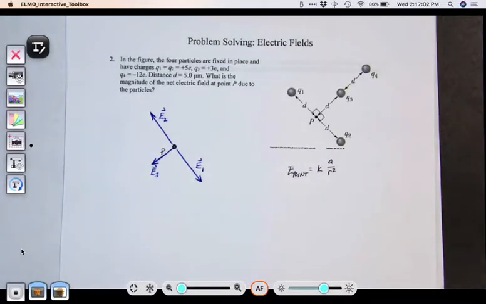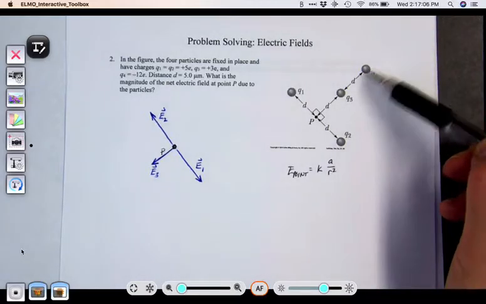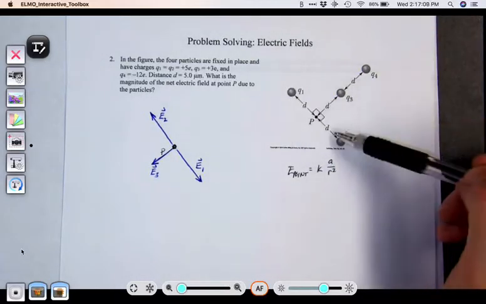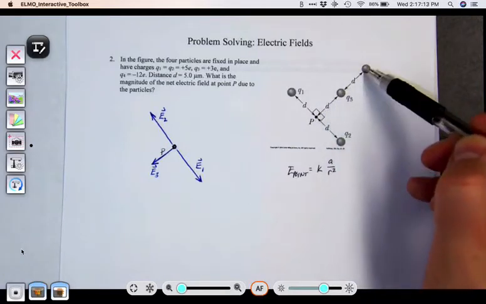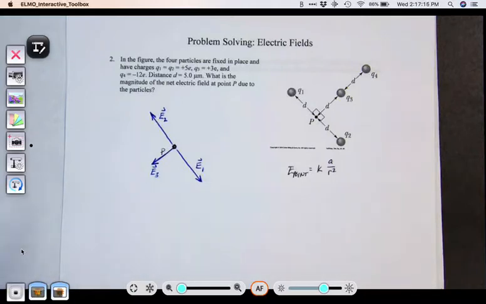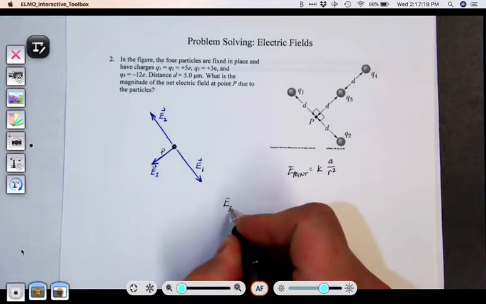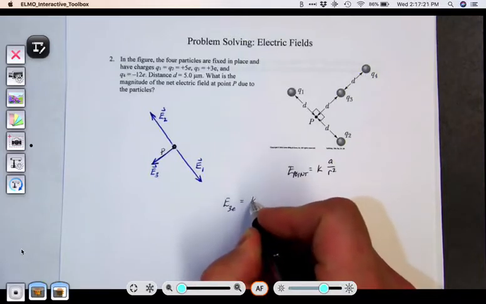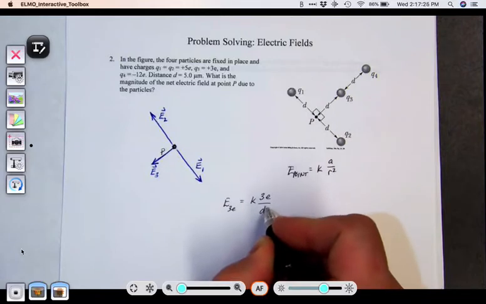All right, and finally, we've got a minus 12e up here. So if we ignore all the other charges, the electric field due to this negative charge is actually going to point toward the 12e. How big is it going to be? Well, the electric field from the 3e charge would be K times 3e over d squared.